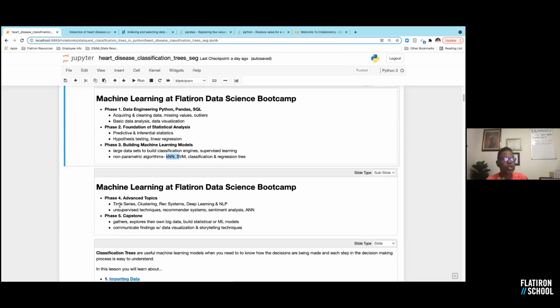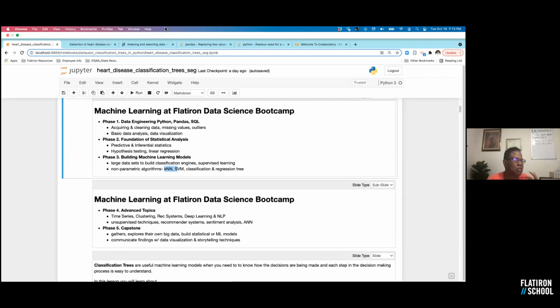And then phase 4 is where you get into the advanced topics, right? Time series and clustering, recommendation systems that are so popular now with everyone. Netflix made a claim that their recommendation model earned them something like some ridiculous $100 billion last year or year before.